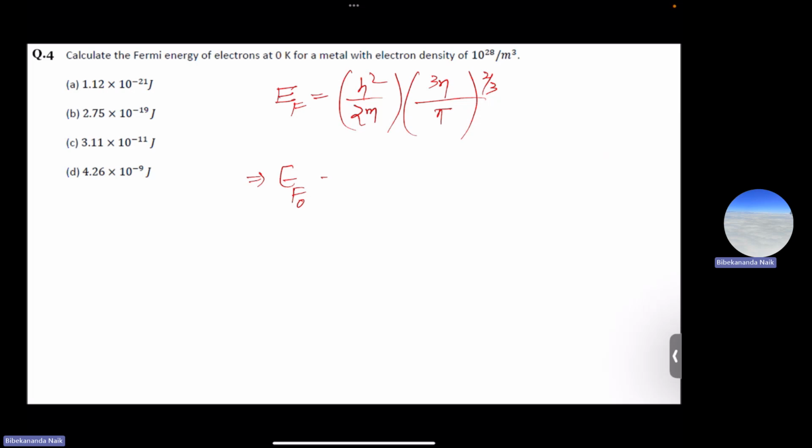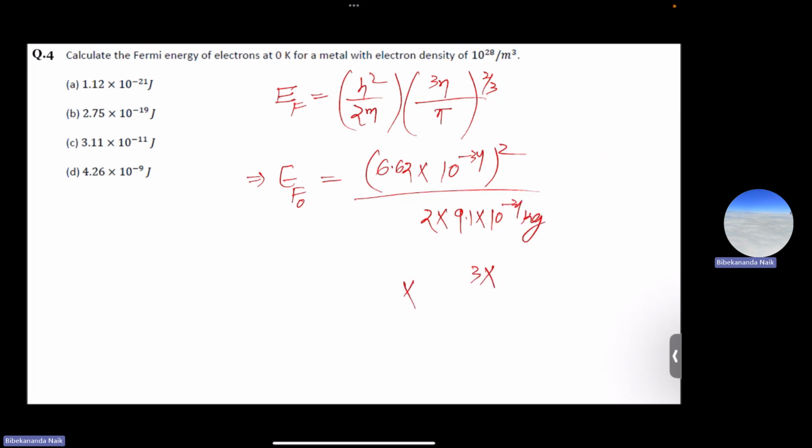EF0 will be h square by 2m, where h is Planck's constant, 6.62 into 10 to the power minus 34 joule second, and m is the mass of the electron, 9.1 into 10 to the power minus 31 kg, into 3 into density 10 to the power 28 divided by pi, 3.14, to the power 2 by 3.